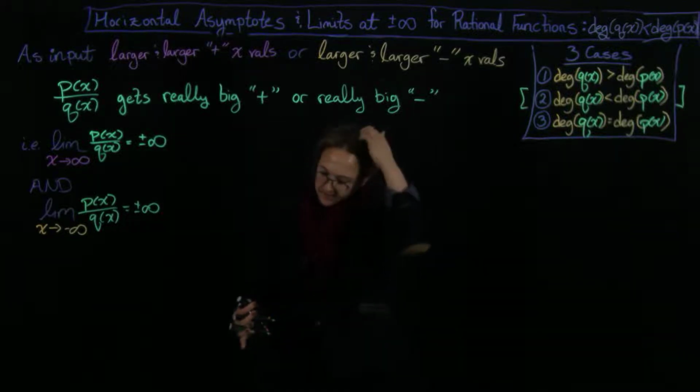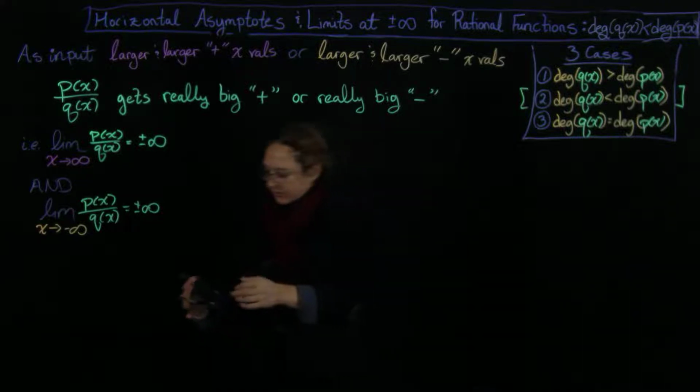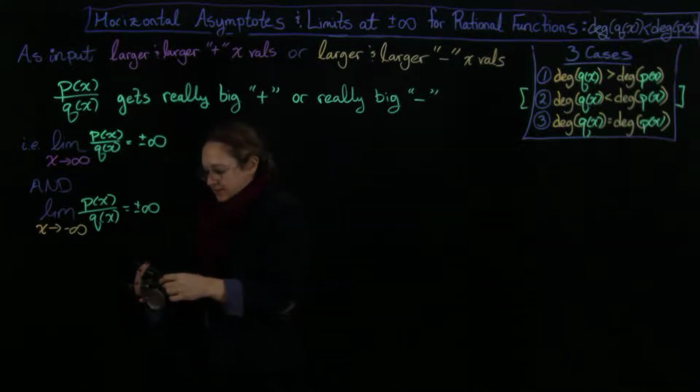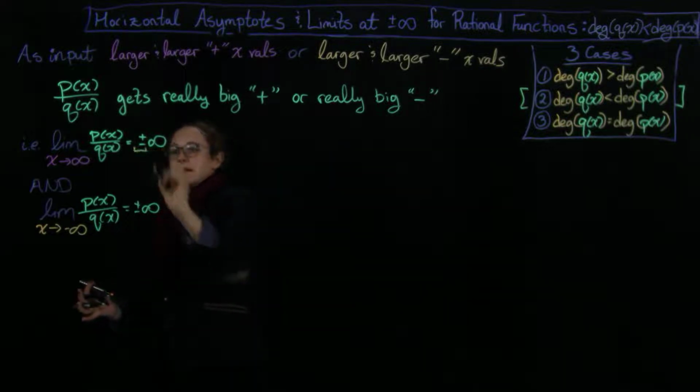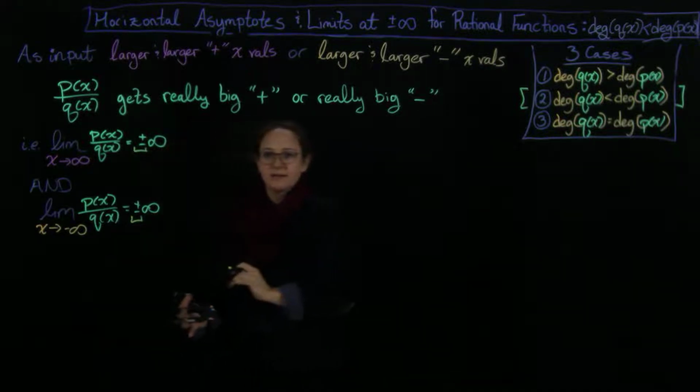And how do we actually figure out what those are? I'm worried about these plus or minus signs.